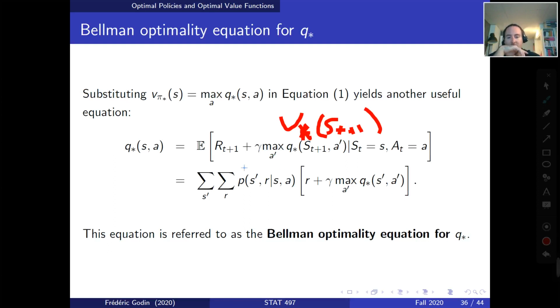This equation is very important also in reinforcement learning, and it's often referred to as the Bellman optimality equation for function Q star. Previously we had the Bellman equation for V star. Now we have a Bellman equation for Q star instead, a recursive formulation that must be satisfied by Q star.